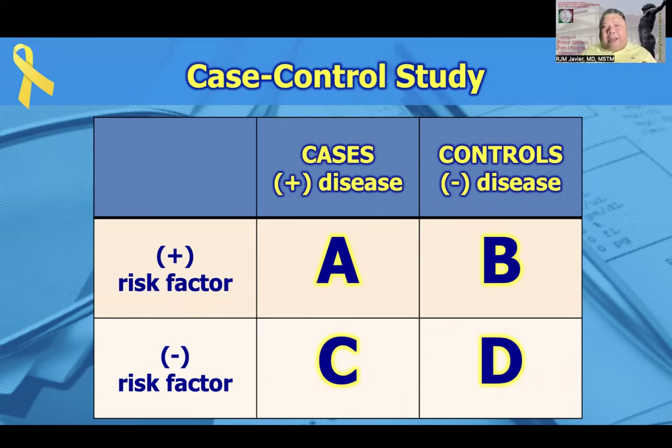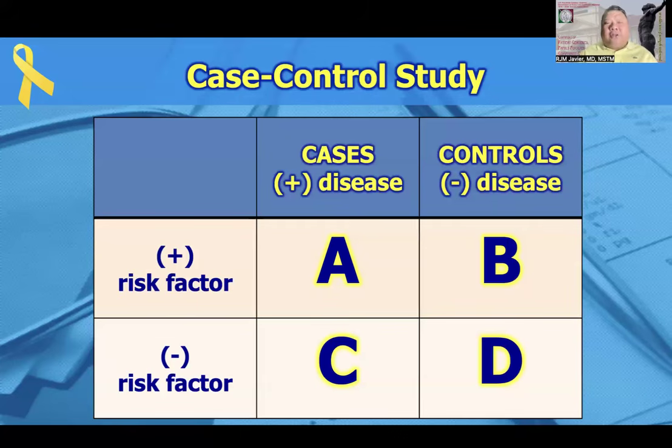So if in any 2 by 2 table we present, let's say in the exam, and let's say we deliberately manipulated the 2 by 2 table, please make sure that you are able to reconstruct the correct 2 by 2 table so that you will be able to determine with accuracy the needed measure of association. So if this is your 2 by 2 table, you get the information from the results of the paper or the research, and then you tabulate it into A, B, C, or D.